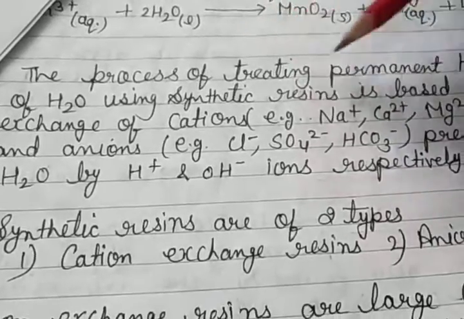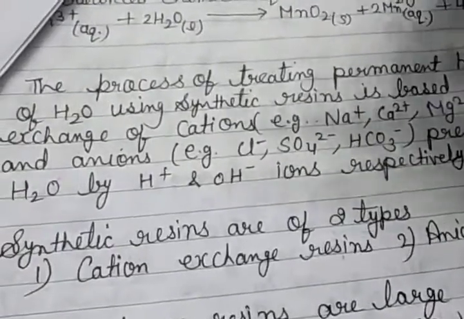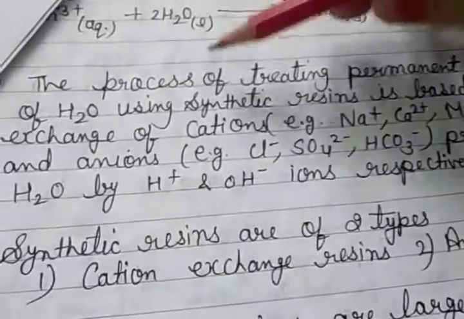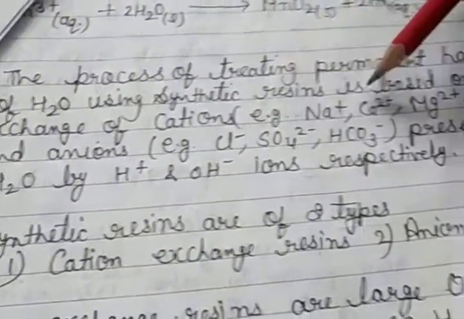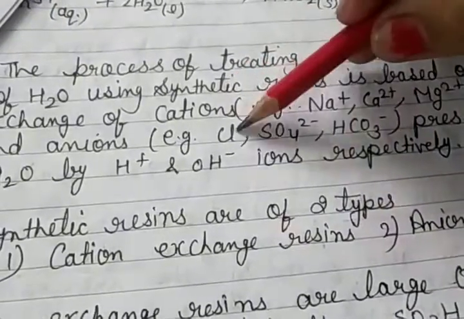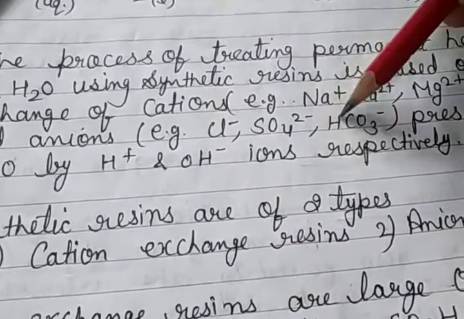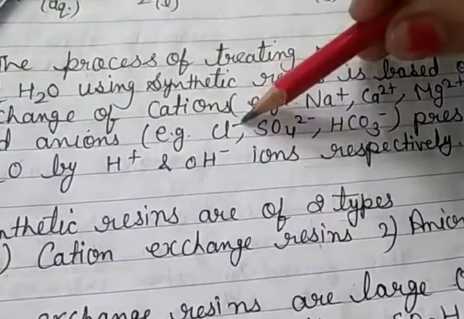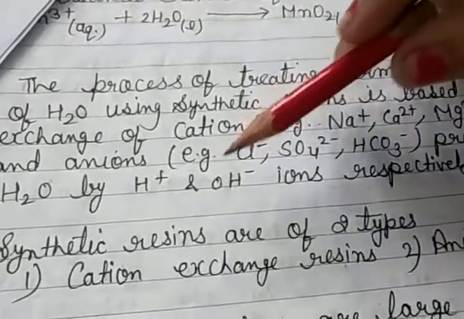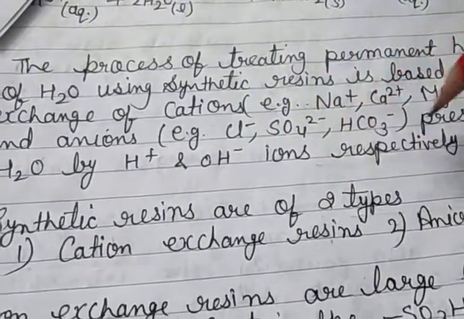The process of treating permanent hardness of water using synthetic resin is based on the exchange of cations like Na+, Ca2+, Mg2+, and anions like Cl-, SO4 2-, HCO3- (chloride ion, sulfate ion and bicarbonate ion) present in the water by H+ and OH- ions respectively.